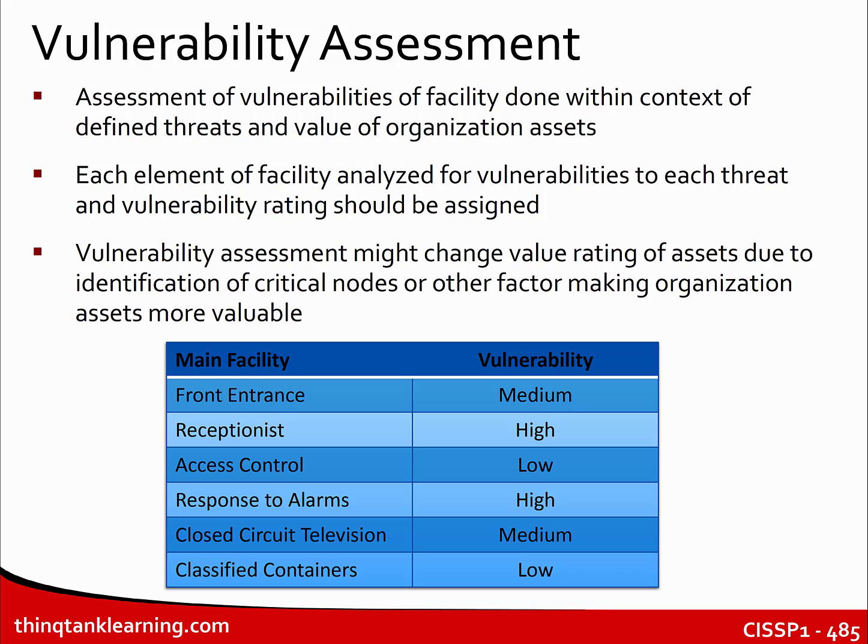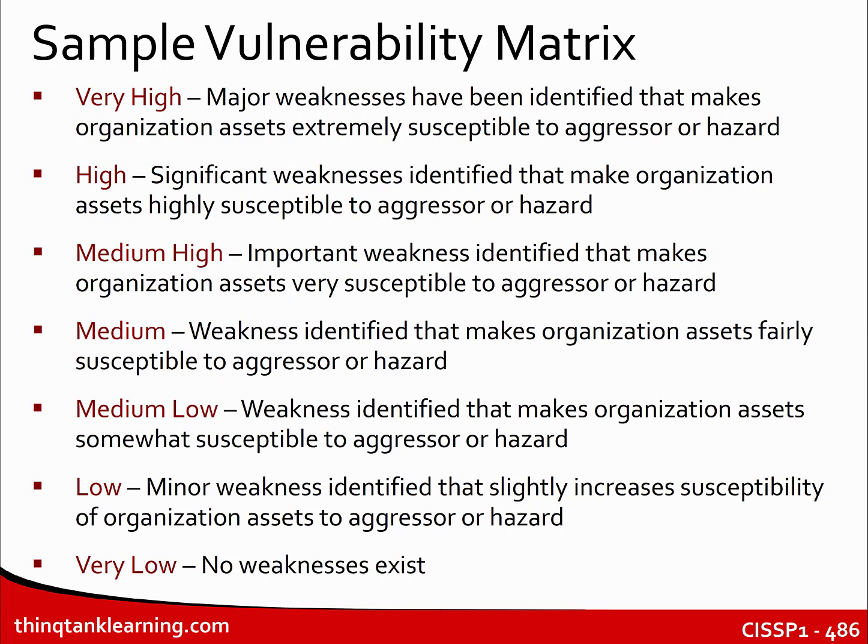Now, this is just an example of how we might classify these assets. The ordinal scale that we use is completely arbitrary. It just has to be able to provide us the ability to qualify and quantify the assets that we have in our organization and how we're going to protect them. So vulnerability matrix is what we would create.